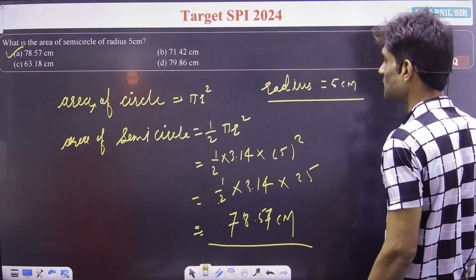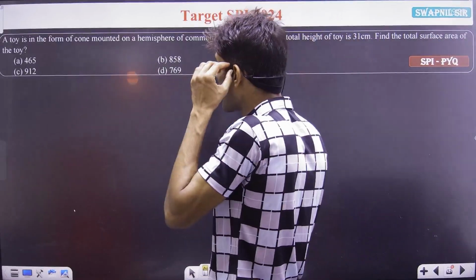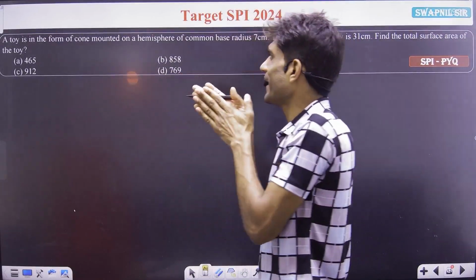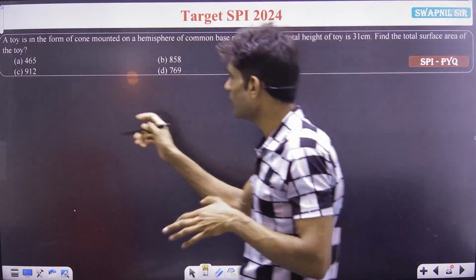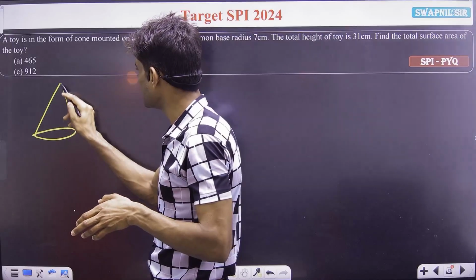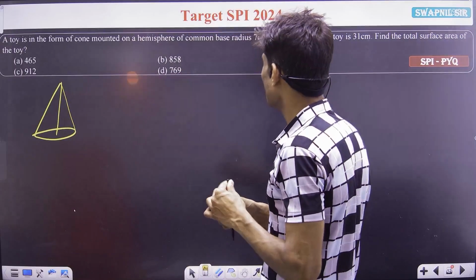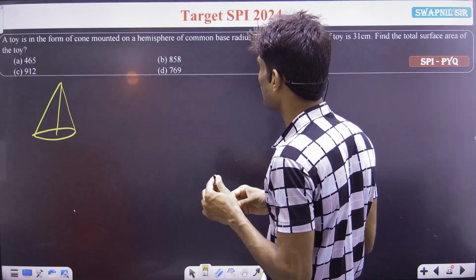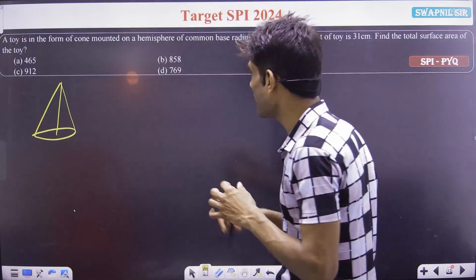Now let's move to the next example. A toy is in the form of a cone. So we have a cone here. First of all, draw the figure and visualize it. The cone is mounted on a hemisphere, mounted inside the hemisphere.